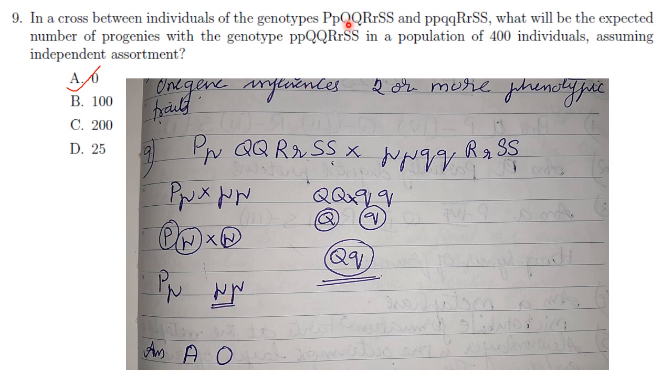Again, when you cross capital Q, small q with small q, small q, these are the gametes, and you will get capital Q, small q. But here in the question, they have asked for the genotype where both are capital Q. That will not be obtained. So the genotype given in the question cannot be obtained. So the expected number of progenies with this particular genotype will be 0. Answer is option A.